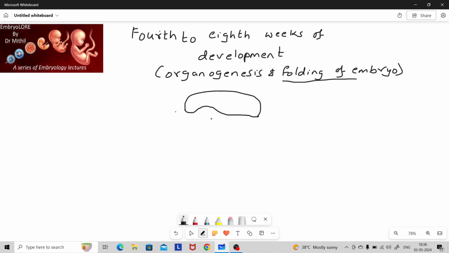This is the amniotic sac, and here, for our understanding, let's change the color. Here there will be the yolk sac.